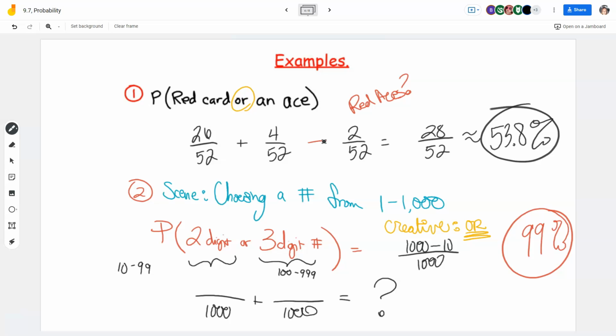89 or is it 90? 89? Why would it be 90? I mean, you subtract and it's 89, right? The first 9 numbers go. Because they're not at the end. The first 9 numbers, no. I also have the 0, yeah. Remember how 1 to 9 is 9 numbers, but 0 to 9 is 10 numbers?